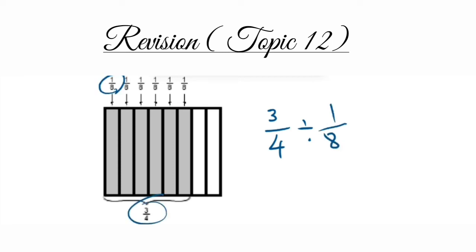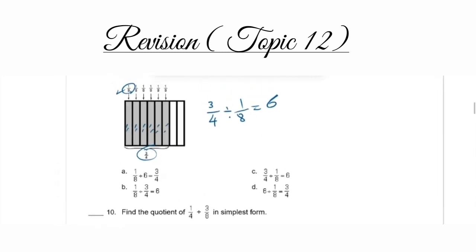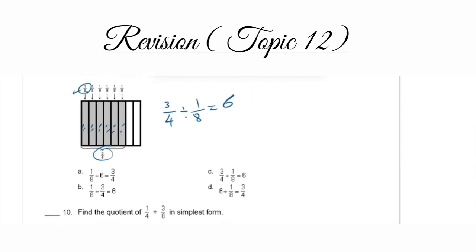Let's count how many shaded parts we have. 1, 2, 3, 4, 5, 6. So we have 6. And this sentence is C.